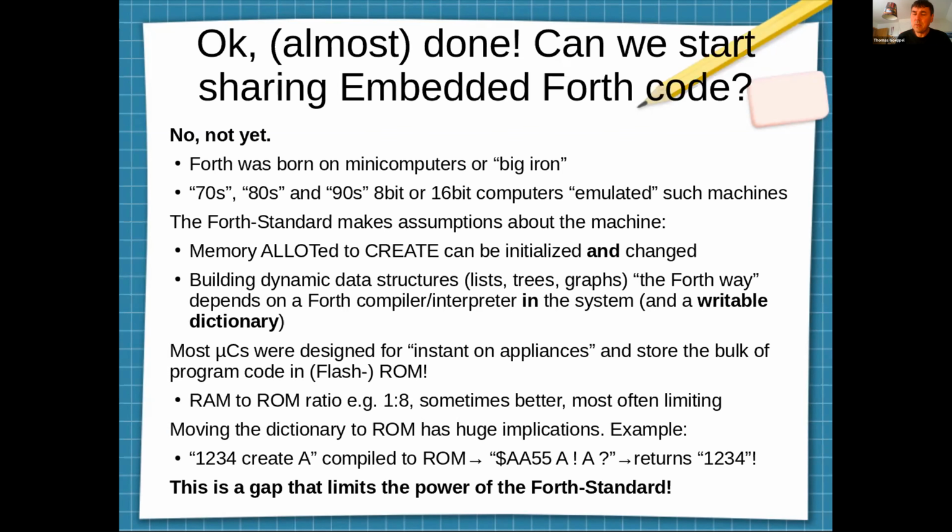Now, microcontrollers, which were designed for appliances, for instant-on things, store the bulk of program code in flash ROM or another instant-on memory. And the ratio from RAM to ROM is not very good, 1:8 maybe. And it's most often a limiting factor.